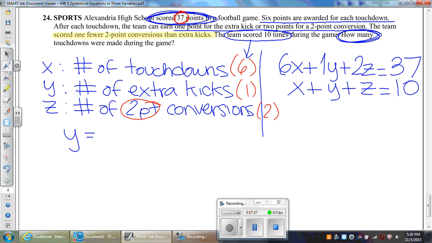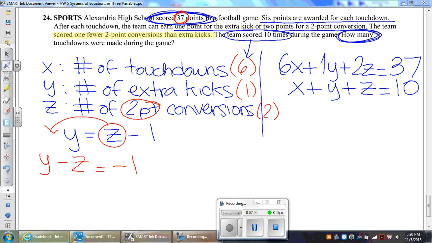So the 2-point conversions is z minus 1. Remember that before you can solve that with a matrix, you have to move everything to one side. So in this case, we will have positive y minus z is equal to negative 1. And so that will be my third equation here: y minus z is equal to negative 1.